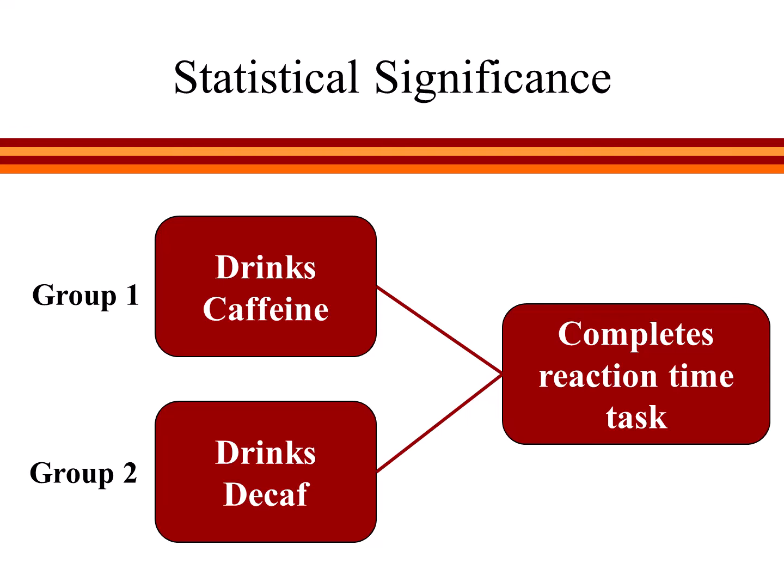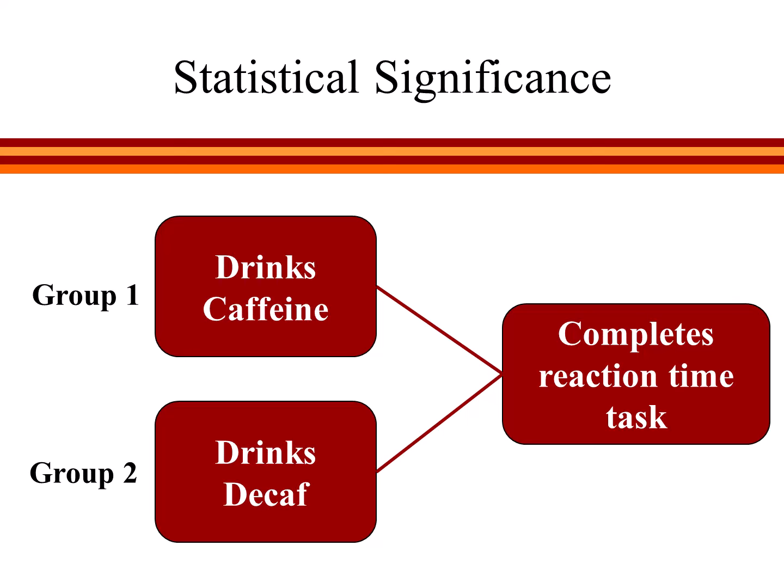As an example, let's say that we have a hypothesis that consuming caffeine decreases reaction time. We could design a test for this by creating two groups. One group of participants who drink a caffeinated beverage, and another group who drinks a similar but decaf beverage. Next, all participants complete a reaction time task on the computer, and the average score from each group is recorded.